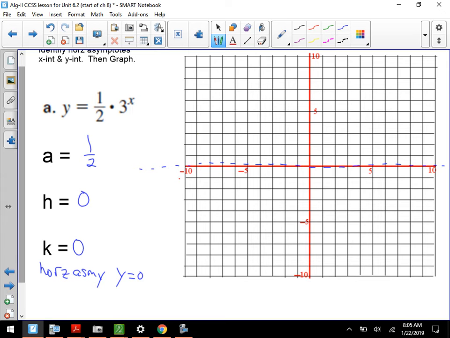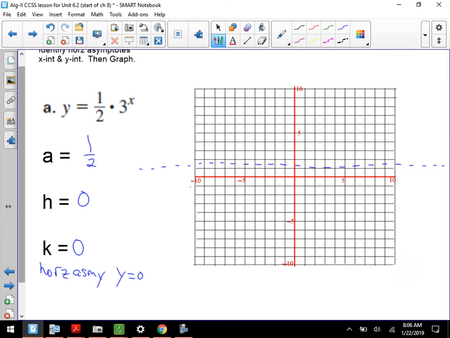Now the H value being 0 just means it's not being moved left or right. So when we go to graph something like this, we can kind of piecemeal it together rather easily. If I say 3 to the negative 2, that's 1/9, right? What's 1/9 times 1/2? 1/18. So let me shrink this just a little bit.